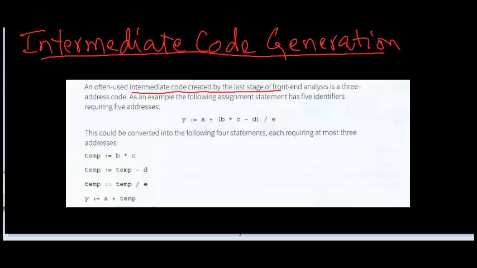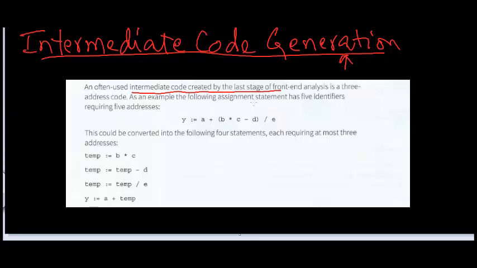This is the last stage of the front end analysis of the compiler. Remember, we said that the compiler has the front end and the back end, right? So we are discussing the stages in the front end of the compiler, and the last stage, in fact, is the intermediate code generation, right?